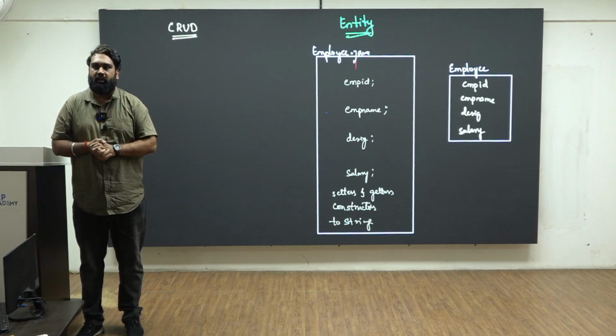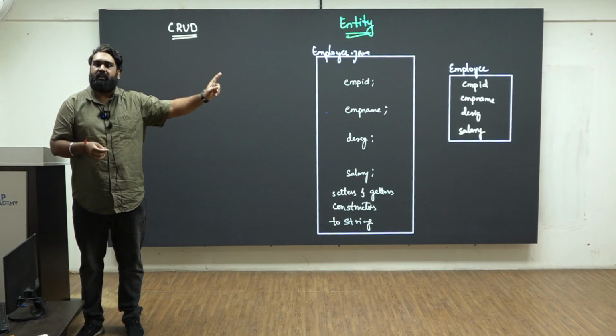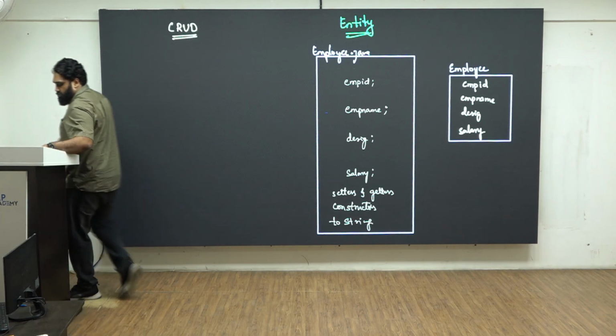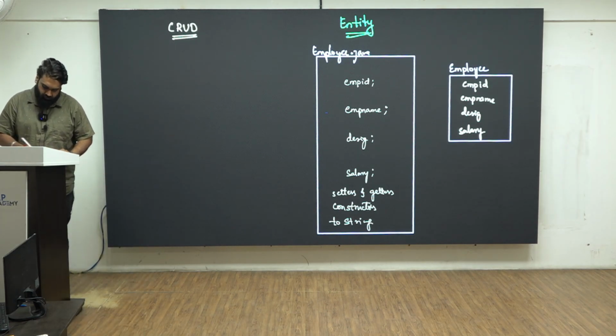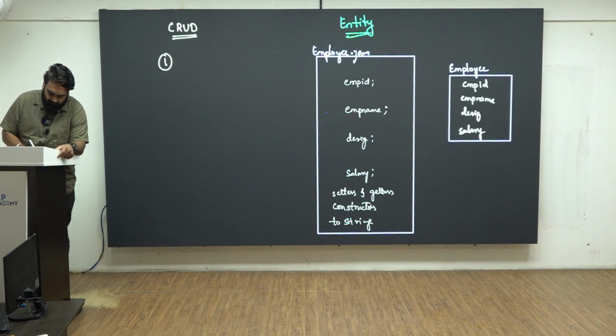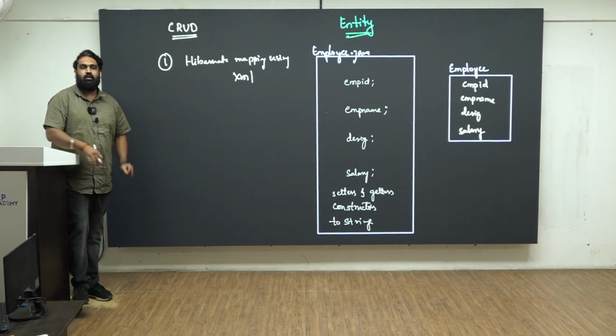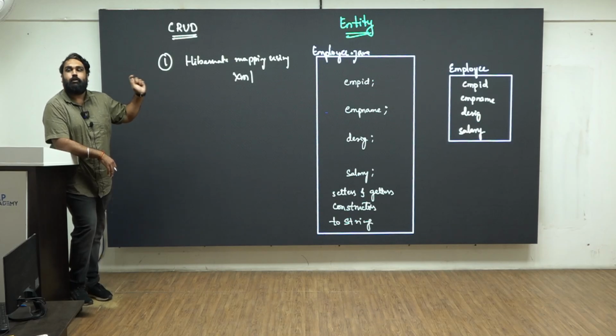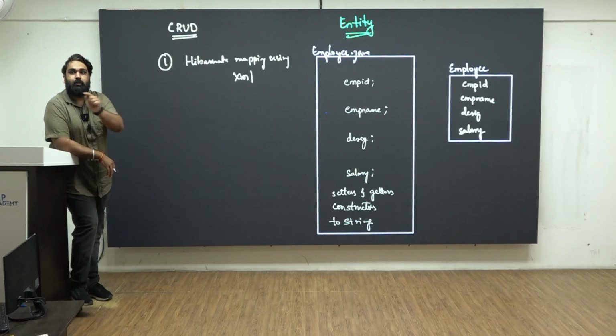The first way of mapping is by using Hibernate mapping using XML, which means we will have an XML file, just like your web.xml or pom.xml.